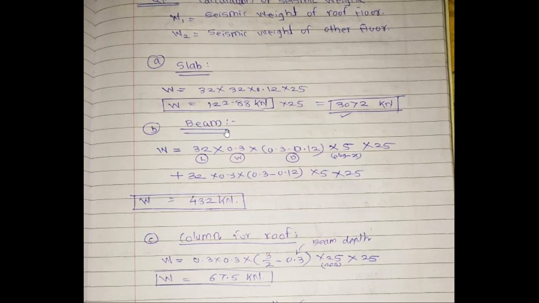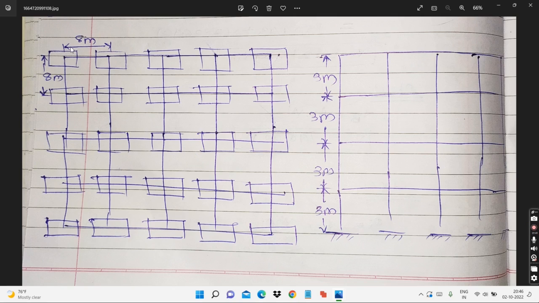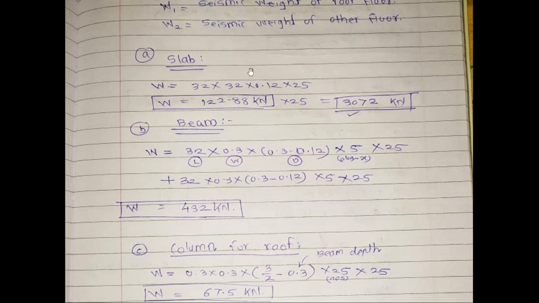For calculation of beam weight, we are considering x direction and y direction separately. In that, if we consider the length, width, depth as well as density and number of beams available along the x direction, we can easily calculate. So this 32 indicates the length of beam.